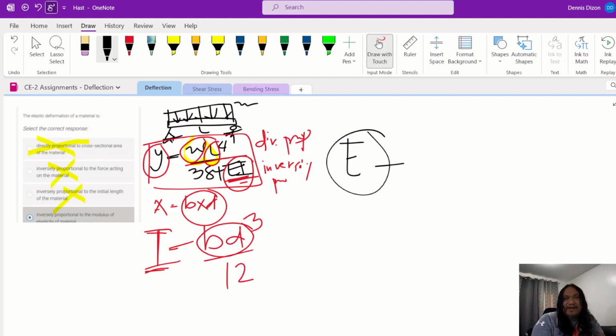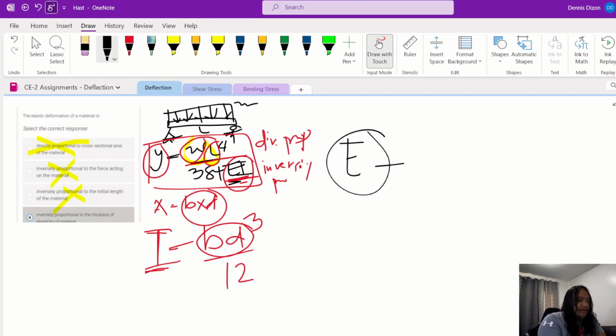I forgot some timber species back home. You have say Bayacal or Narra, so every timber species has a different modulus of elasticity. But yeah, the correct answer is letter D, the elastic deformation of a material is inversely proportional to the modulus of elasticity.